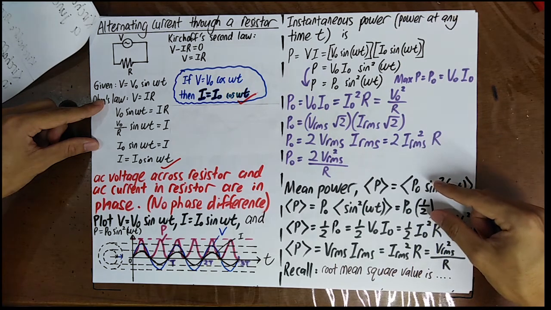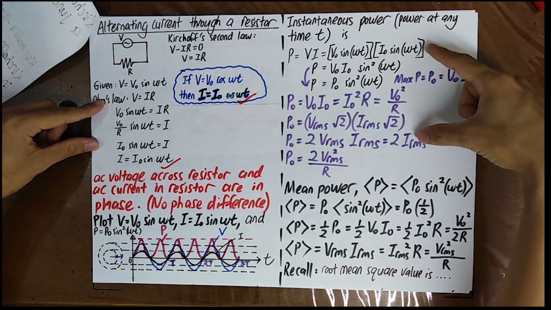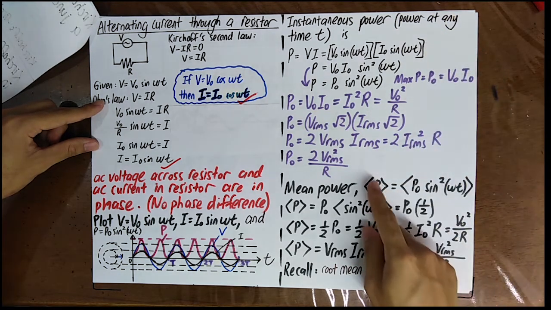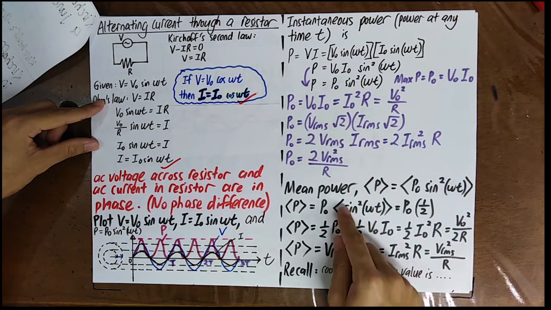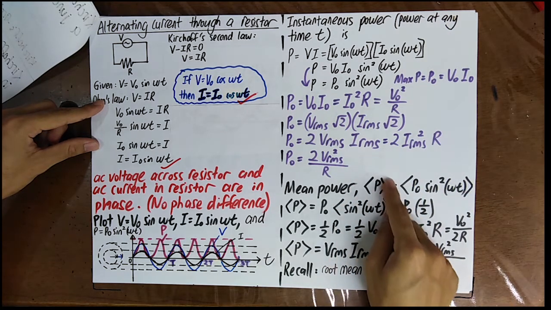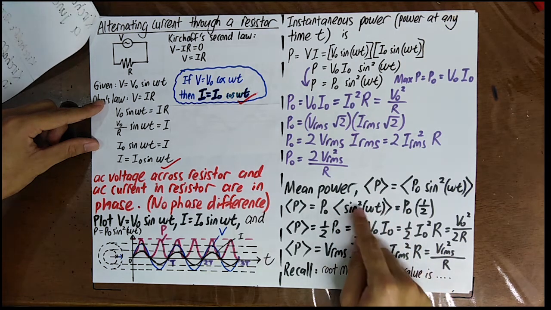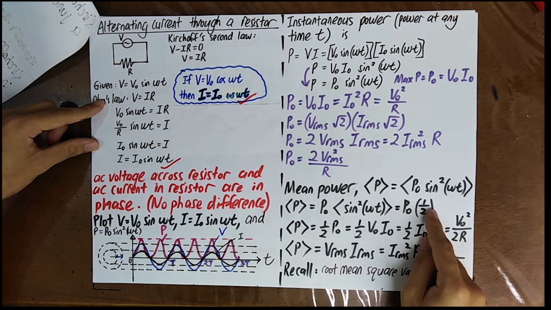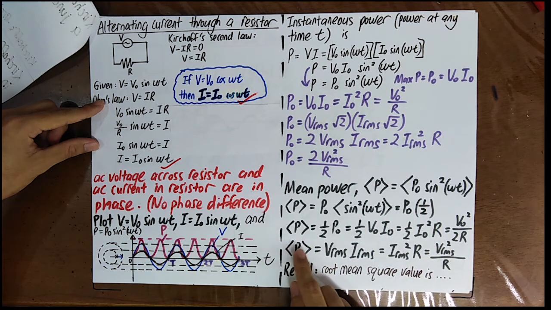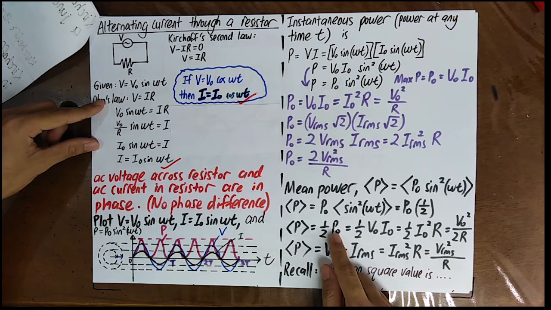When you want to get the mean value of the instantaneous power, you use this method. Okay? This bracket means mean value. The mean value of the sine square function is half. So you know that the mean value of the power is equal to half of the maximum power.